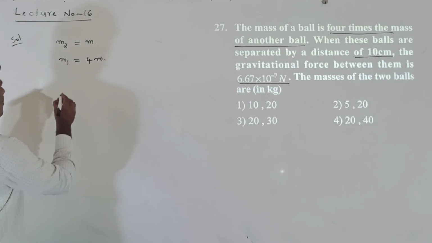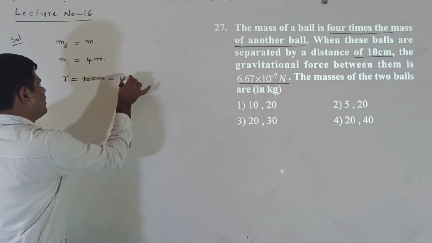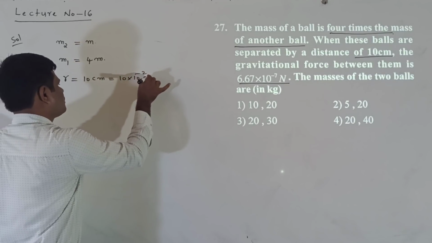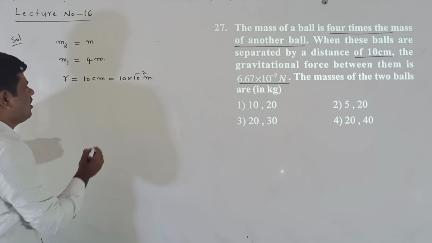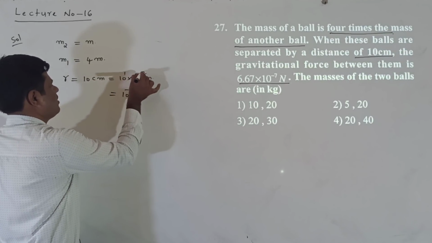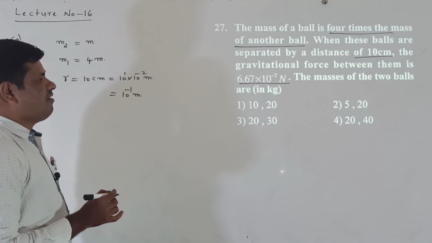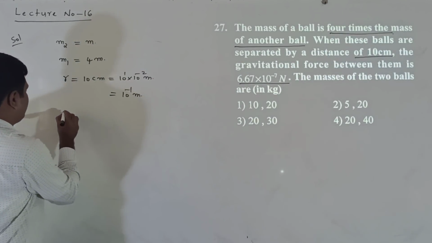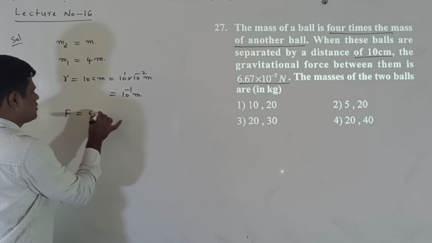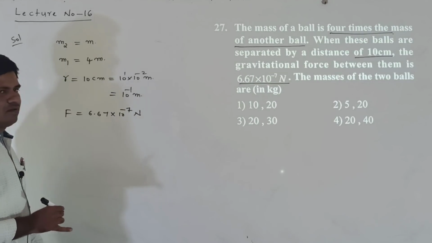The distance is given, r is equal to 10 centimeter, which means 10 into 10 power of minus 2 meters, or 10 power of minus 1 meter. The gravitational force between them is also given, F is equal to 6.67 into 10 power of minus 7 Newton.